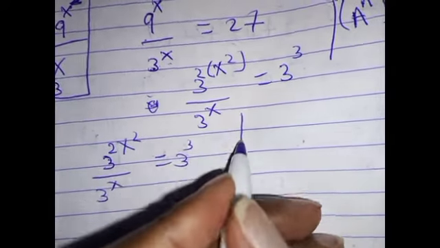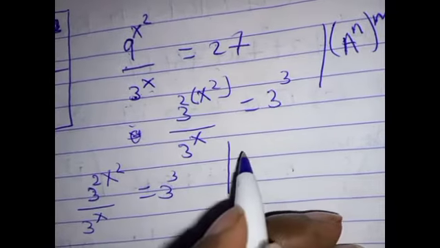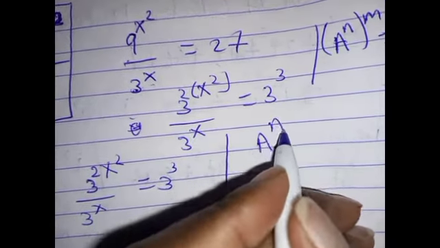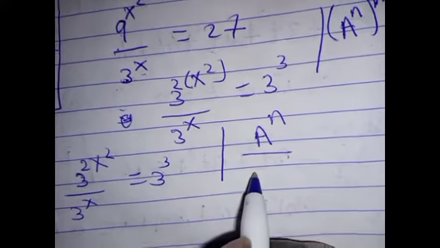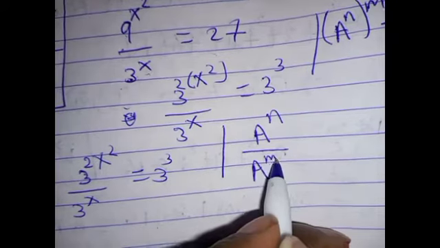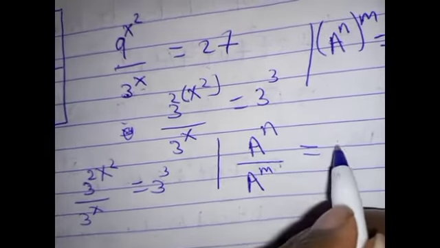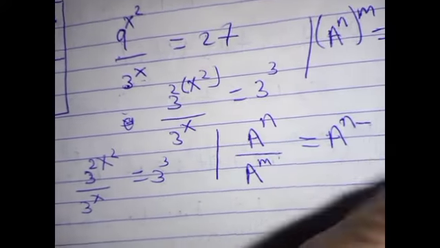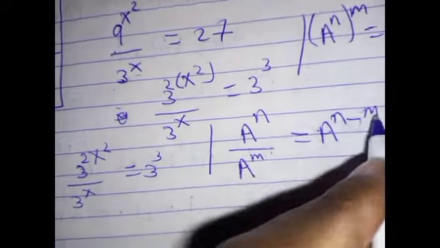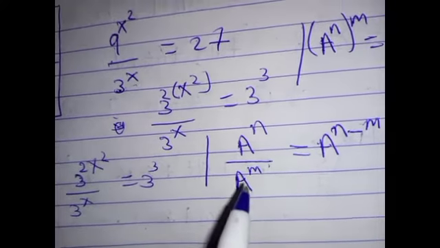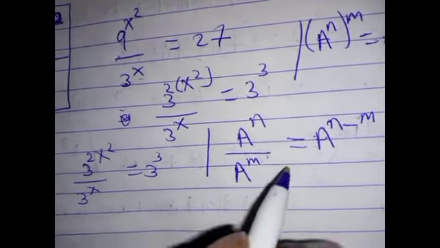We apply also this other law of indices, which says that if you have a power n divided by a power m, then the answer is a power n minus m. So when you have the same bases and you are dividing them, you can subtract the index.